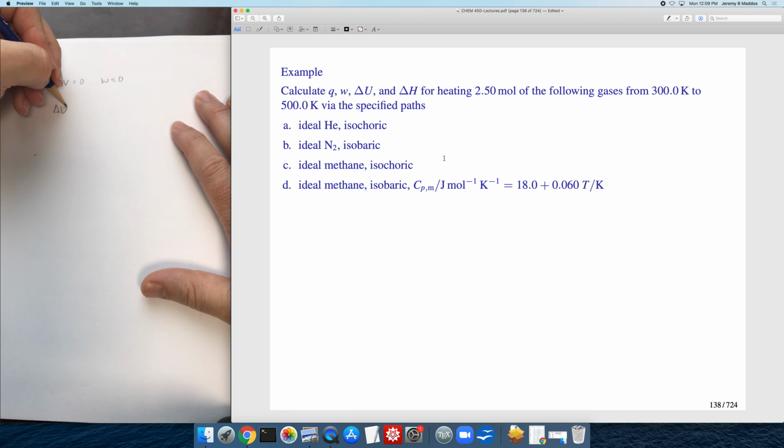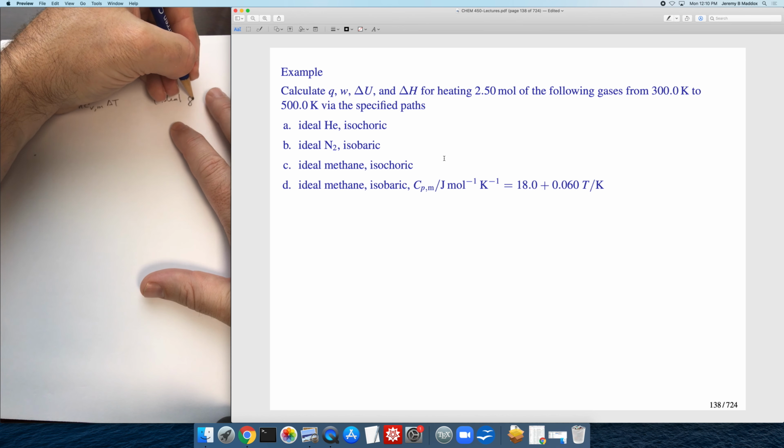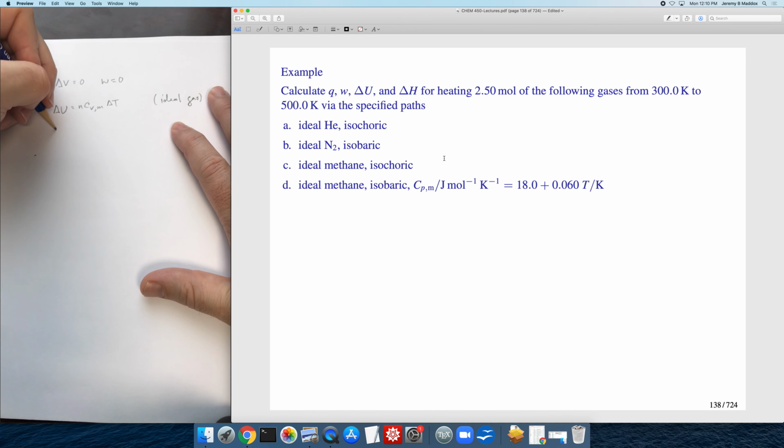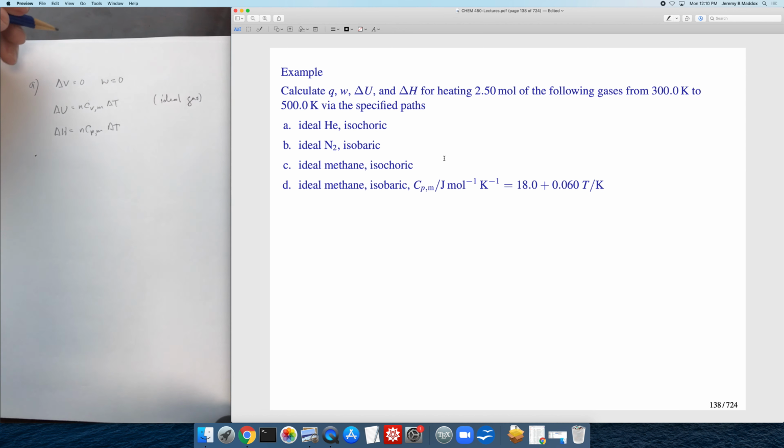Delta U is going to be, for an ideal gas, the number of moles times the constant volume heat capacity times delta T. So this is for an ideal gas. And then the delta H is going to be n CPM delta T. Also, that's restricted to the ideal gas.